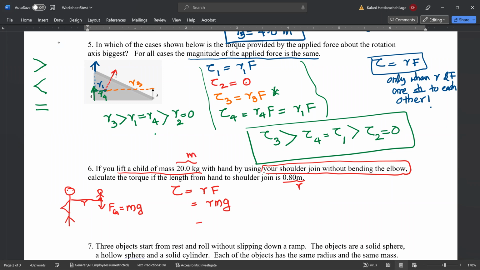You're going to plug them in. Make sure that everything is in SI units before you plug in. Mass is 20 and g is 9.80, and then you calculate tau using these numbers. Units are newton meters. Okay, so what I have is 156.8.